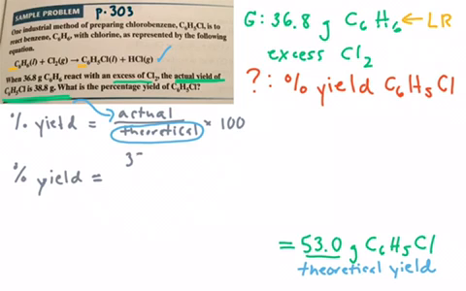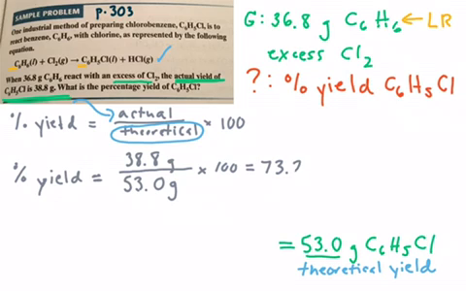The actual yield was 38.8 grams, and we just calculated that the theoretical yield should have been 53.0 grams. Of course, we multiply by 100 to get a percent. When we do that, we find that the percent yield is 73.2%. And in this case, we're talking about chlorobenzene.